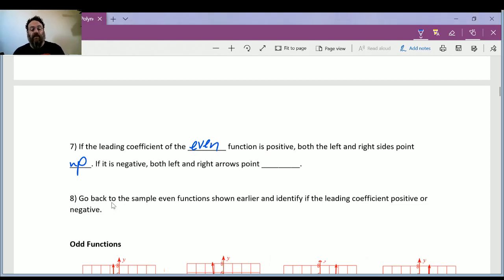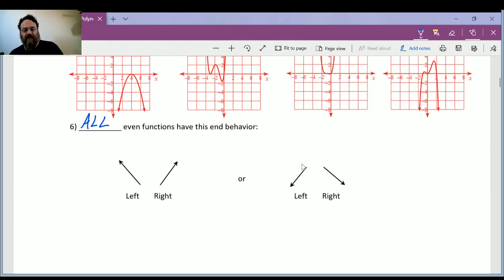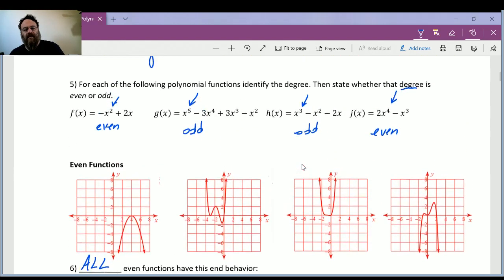If it's negative, both the left and right arrows are going to point down. So go back to the sample functions and just identify if the leading coefficient is positive or negative. That's why I kind of thought this might have been the case. Here, this is a negative leading coefficient because they're both pointing down.